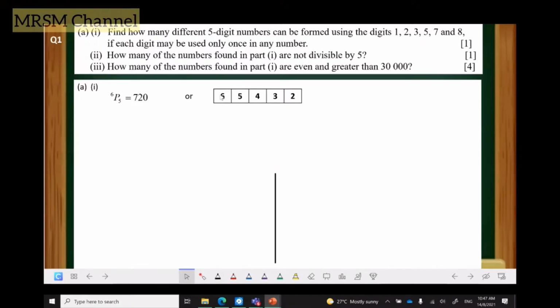Second, because 1 digit is already here. Okay, so you have 5 digits left. So we have 5 choices for the second column. Third column, you have 4 choices and then 3 and then 2.